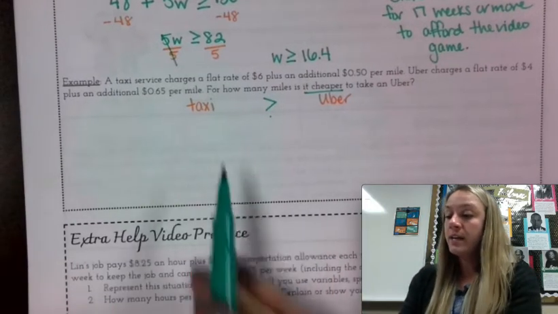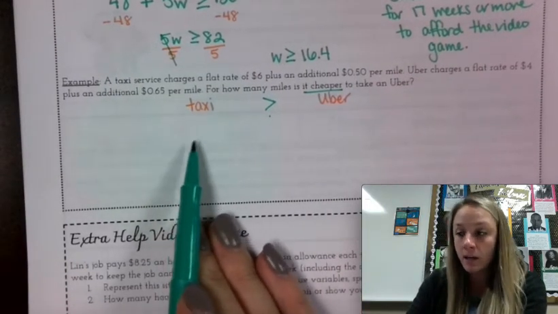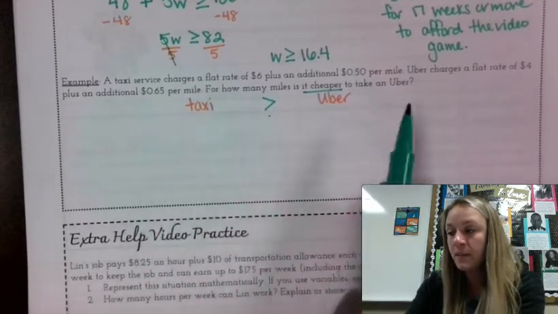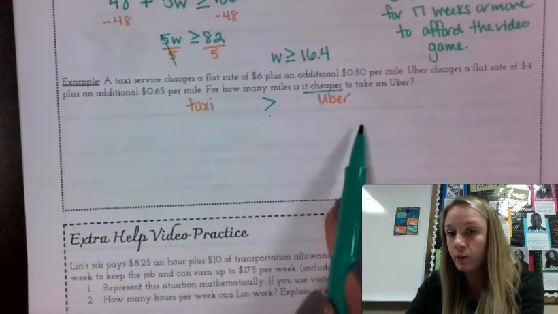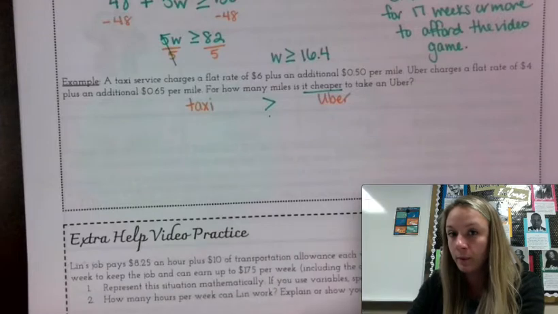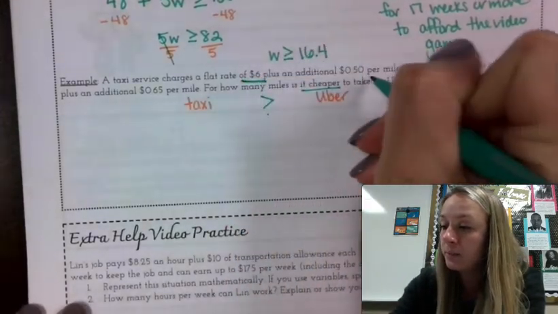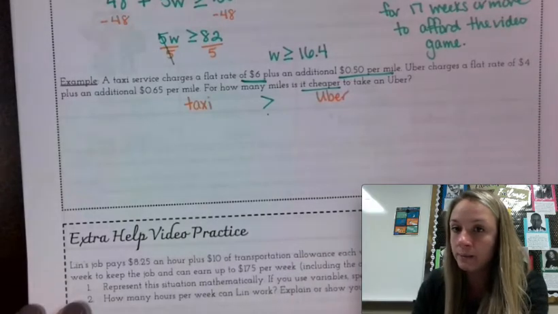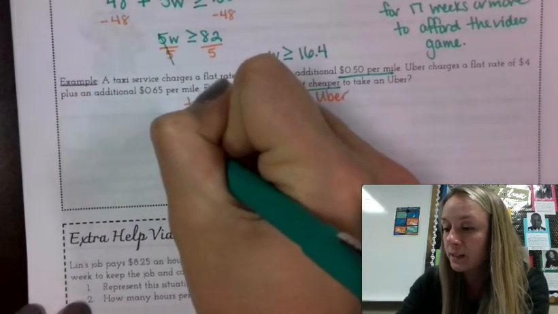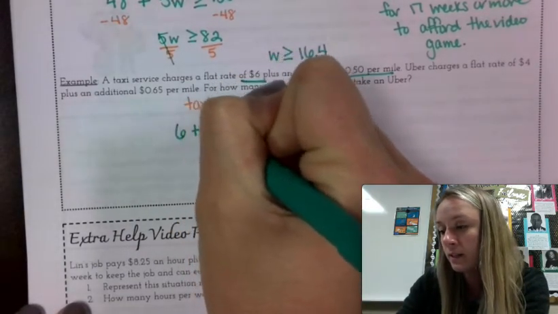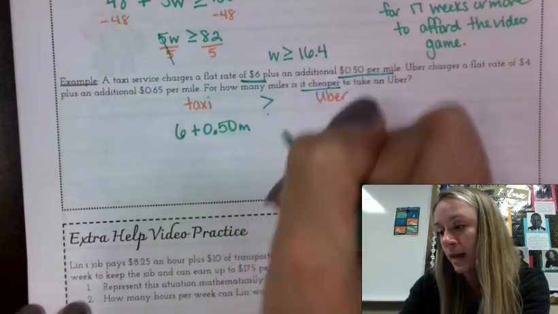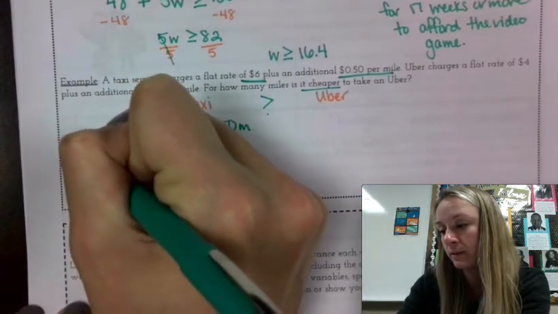So now underneath, I'm going to do my starting point and my change for my taxi and my starting point and my change for Uber, and I'm going to keep my inequality symbol. For the taxi, I have a flat rate of $6 plus 50 cents per mile. So I'm going to say $6 plus 0.50 m. And over here, I'm going to say m equals miles.